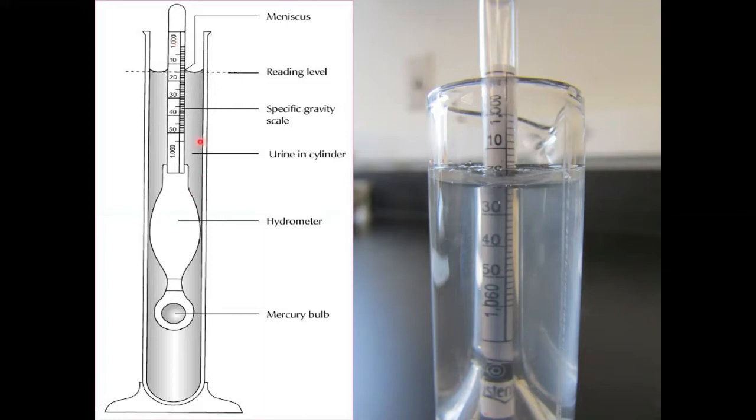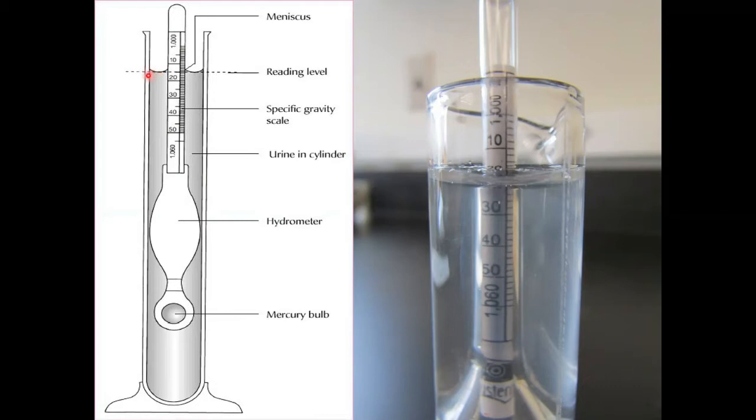So as we can see over here in this diagram, this first line up here is 1.000. Okay, so that is 1. We can also see that there are a series of lines here. Okay, and so each of these lines indicates an additional hundredth to be added to 1 here. Okay, so in this case, in this example here, we can see that the hydrometer is floating in this urine.